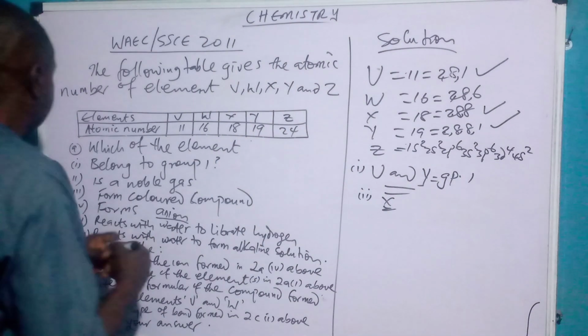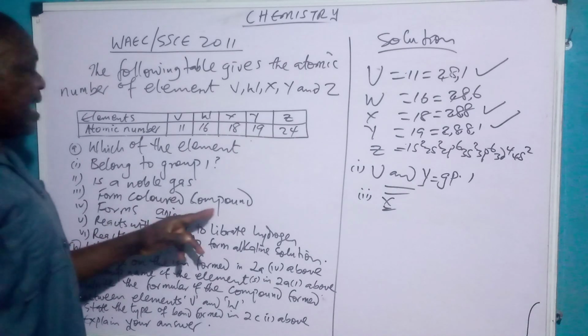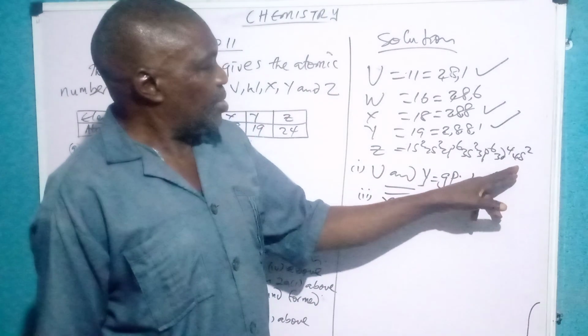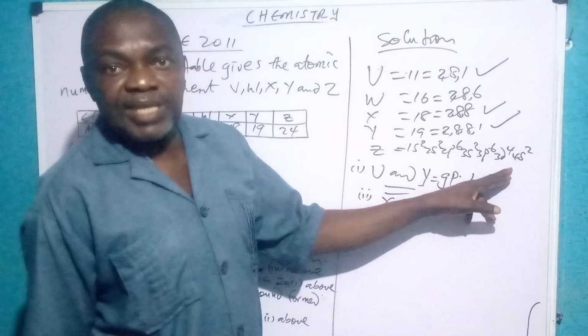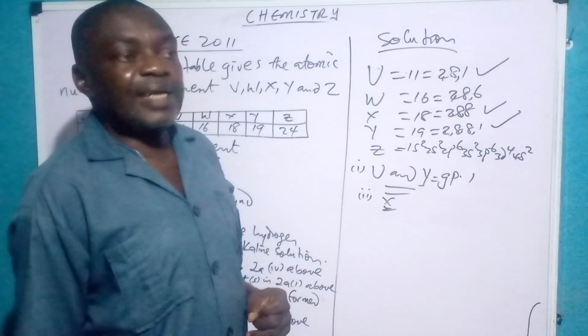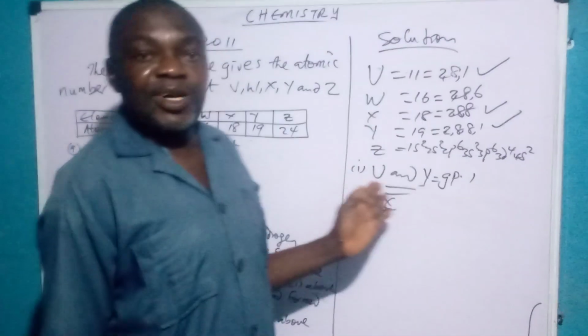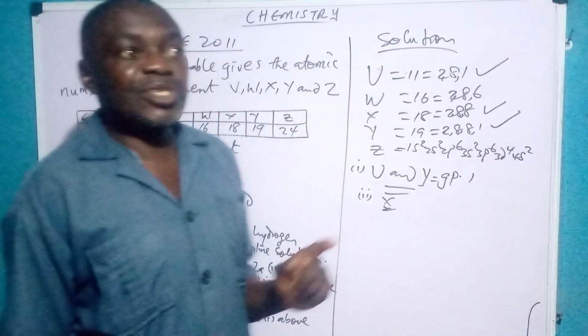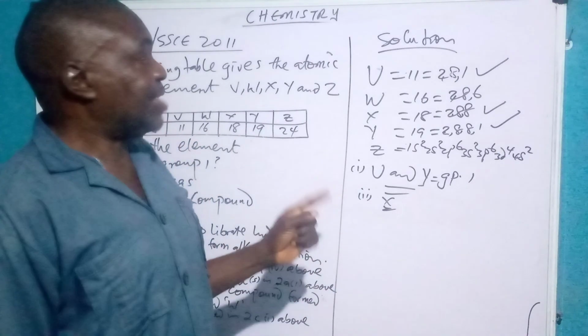Form colored ions. You can see this one belongs to the d orbital because it crosses 20. And we know that the first transition elements start from 21 and end in 30, even though some of them don't qualify to be called transition metals.